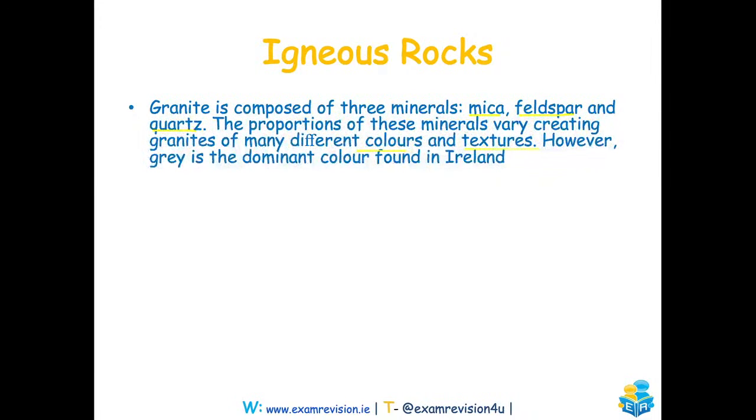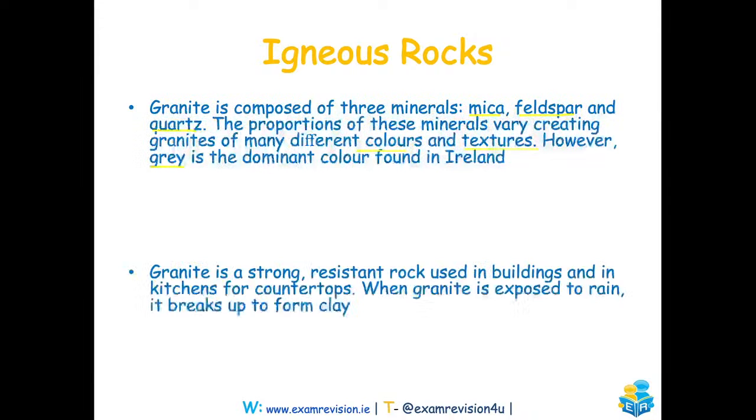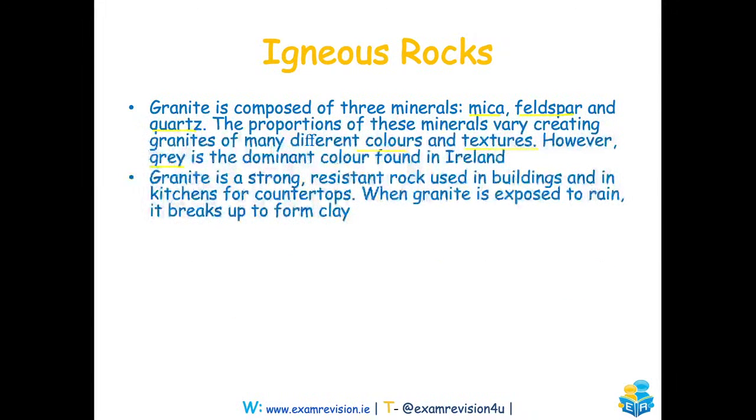Some people might have a white, greyish colour for their granite in their kitchen. Someone else might have a darker grey, blackish colour. It can vary depending on the minerals within the granite. However, grey is the dominant colour, and it's the one mainly found in Ireland. Granite is a strong, resistant rock, and it's used in building materials and kitchen countertops, like we said.